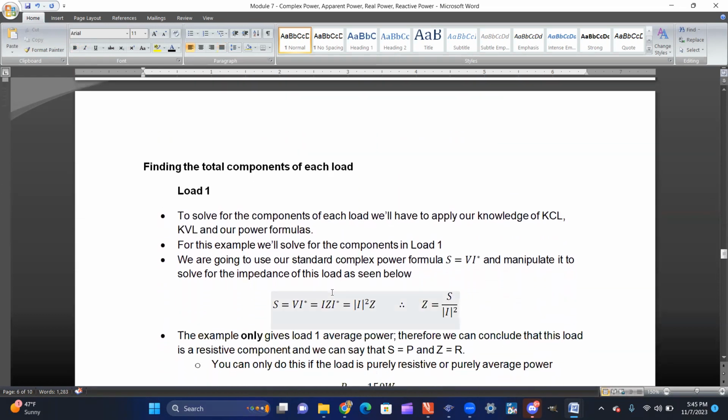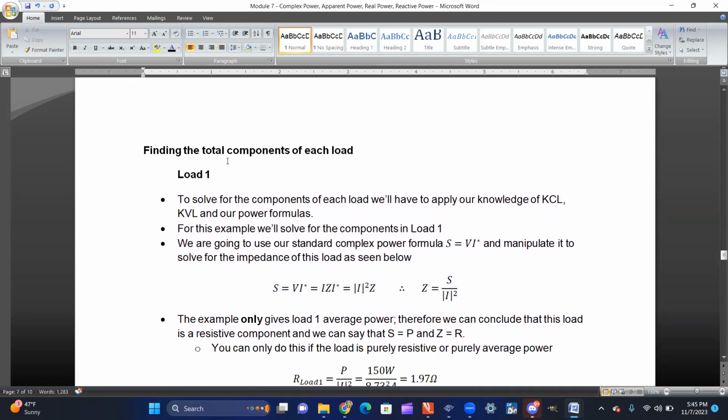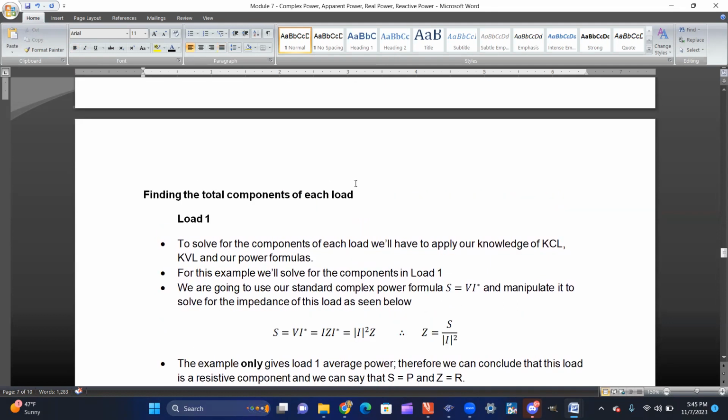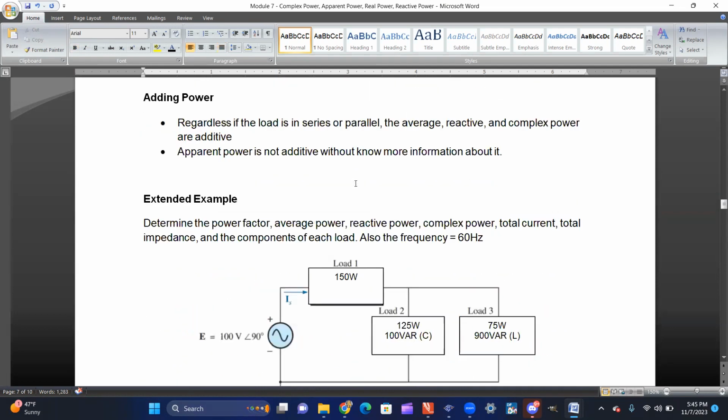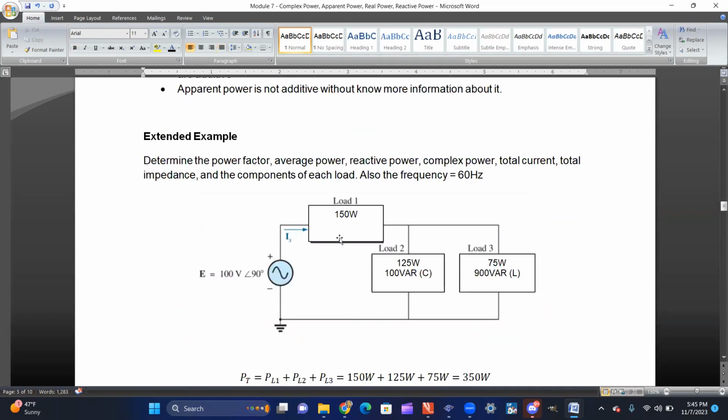All right, so now let's find the total components of each load. What I mean by the total components is I want to know what is inside this load right here. We know it consumes 150 watts, but what is it? It's going to be a resistive load because we don't have any inductive or capacitive reactive power.